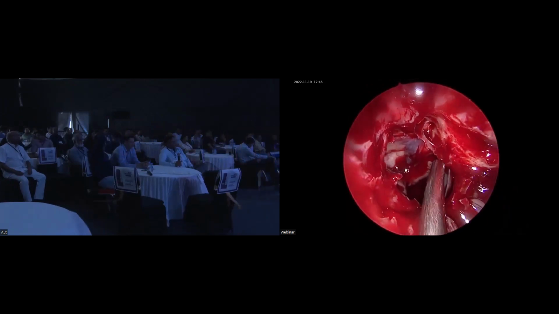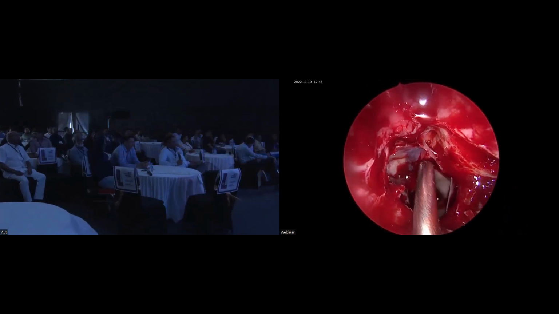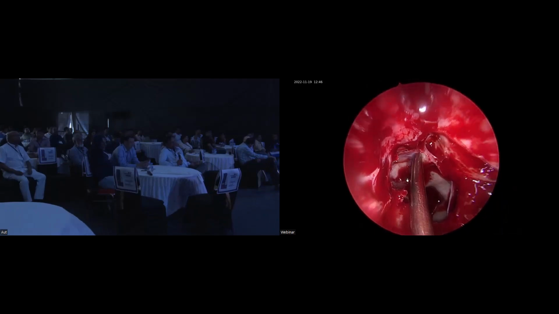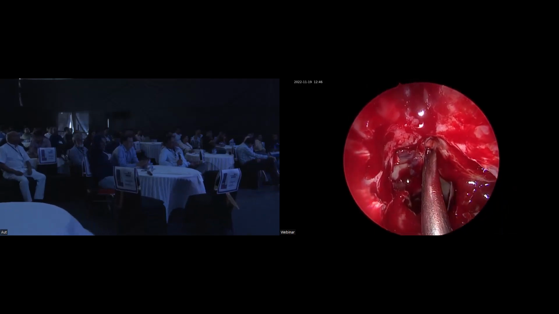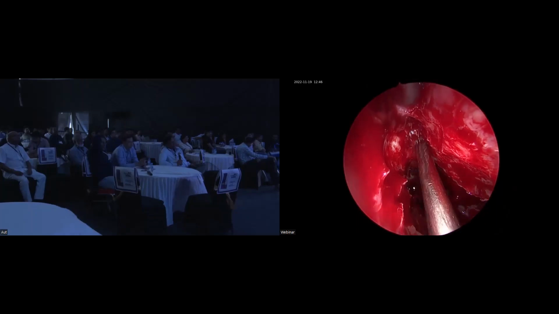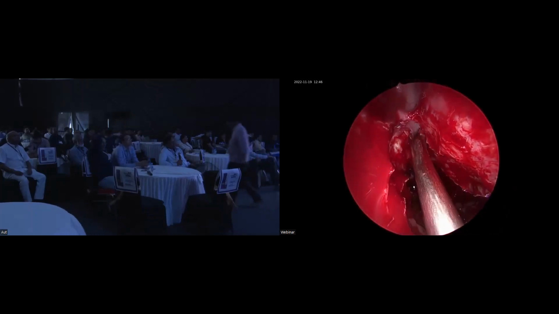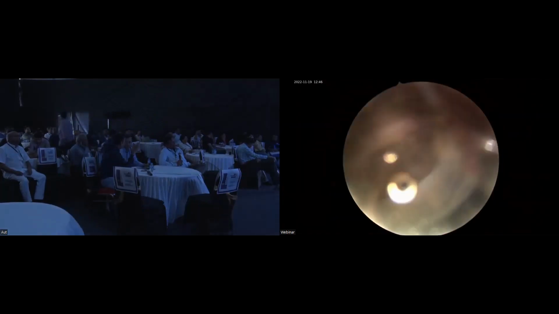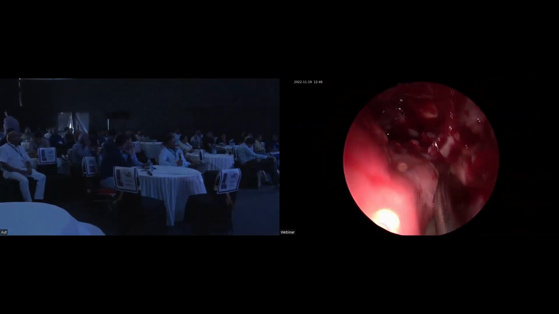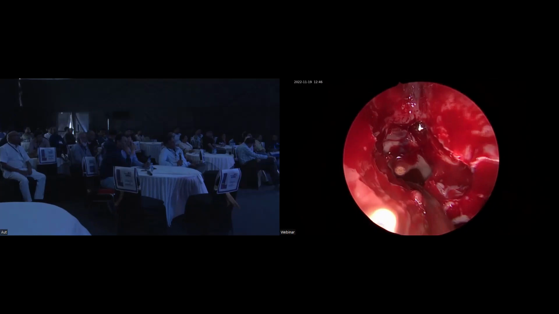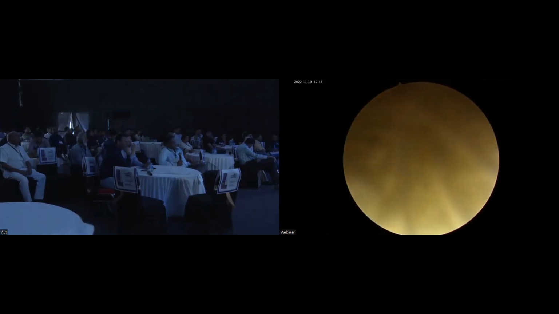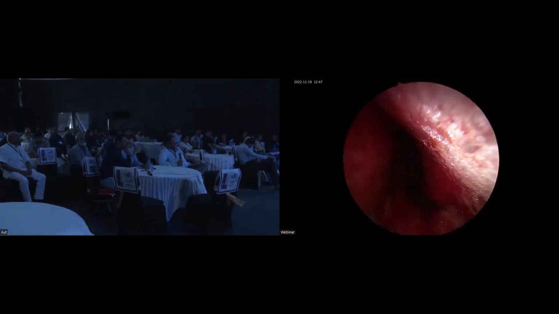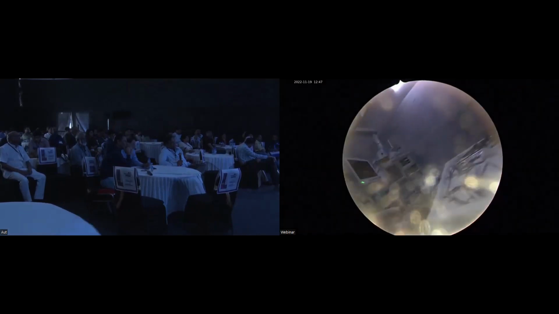This is the pneumatized anterior clinoid. We need to give a wash to the frontal because there is AFS in the frontal. So can I please get the upward suction and 70-degree scope?